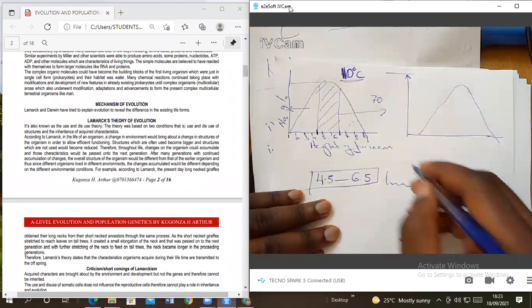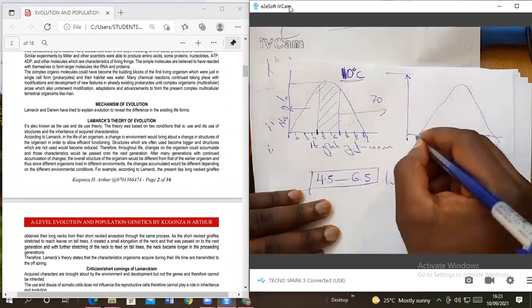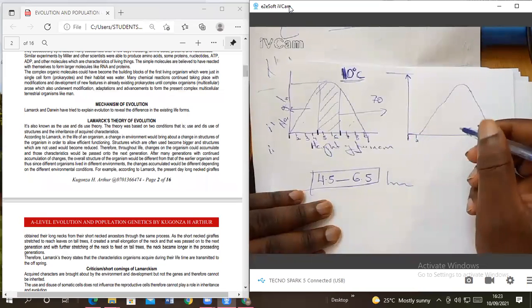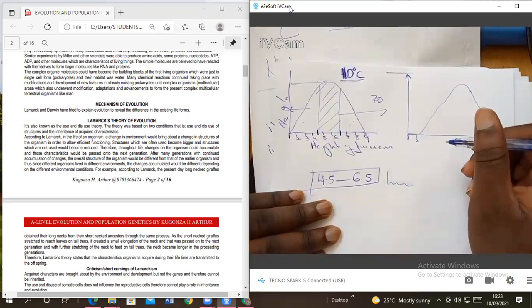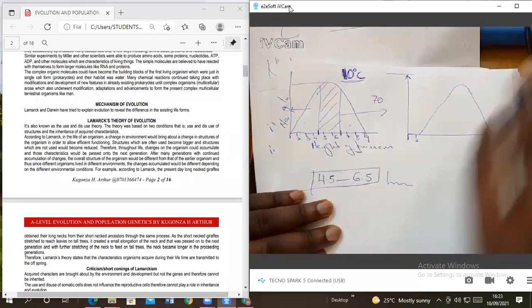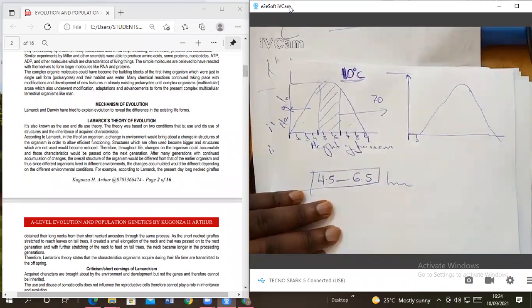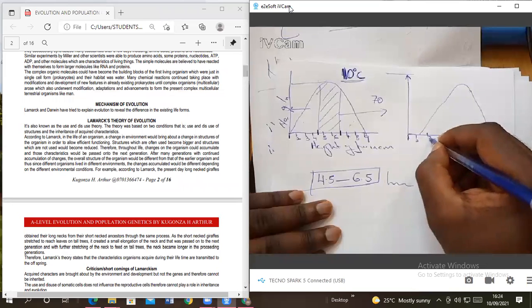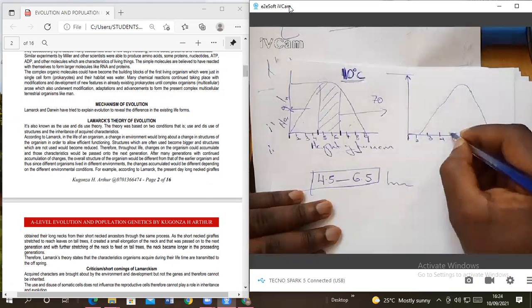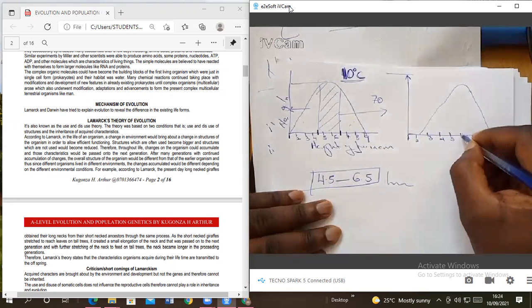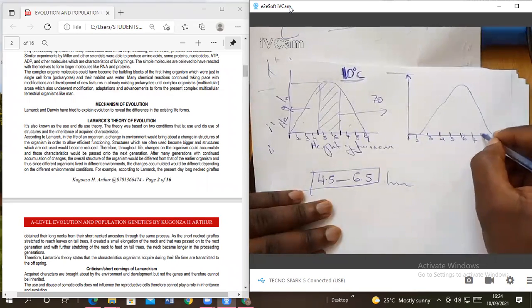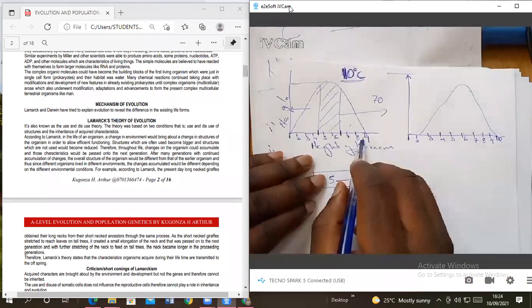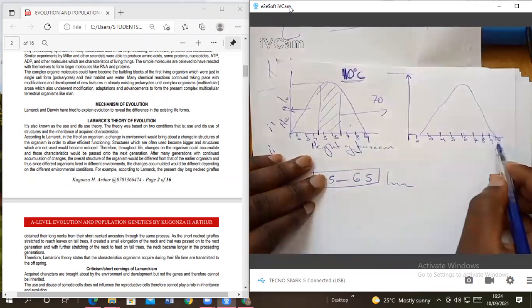You no longer have people of 1 centimeter and 2 centimeters because they were selected against, because the temperatures were cold and they had short fur. The graph shifts to the other side. Let me say here it is 3, 4, 5, 6, 7, 8, 9, 10. The other time you did not have individuals with length of 10, now they are there.